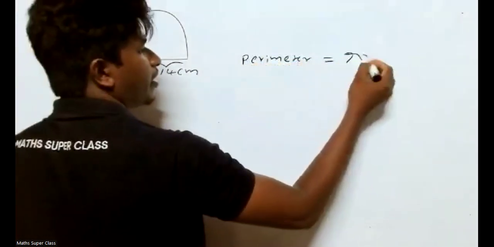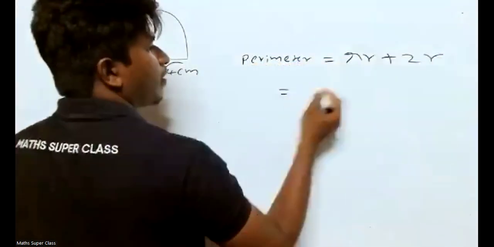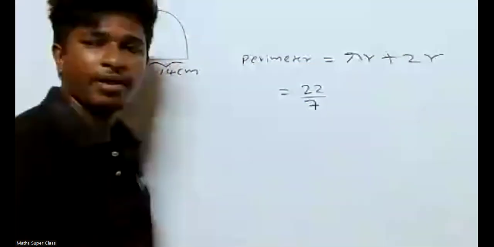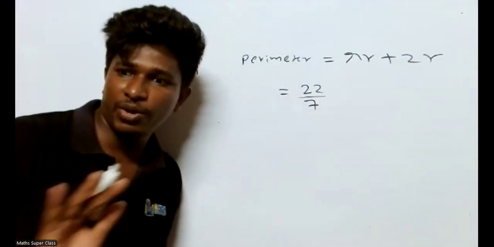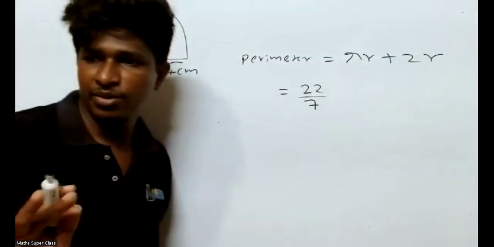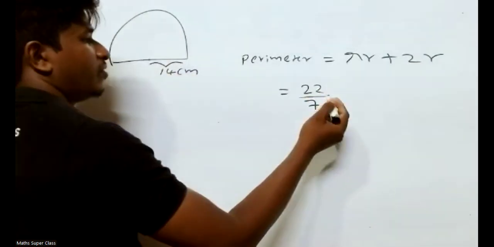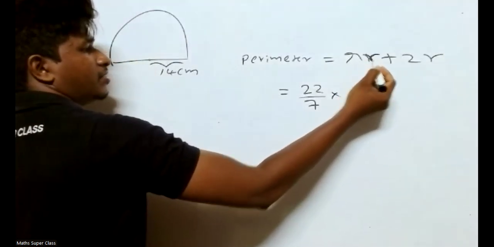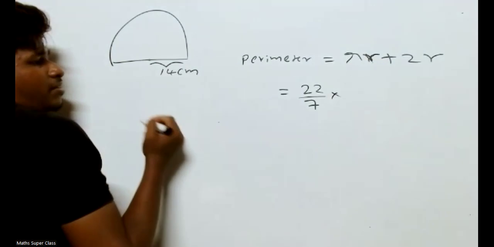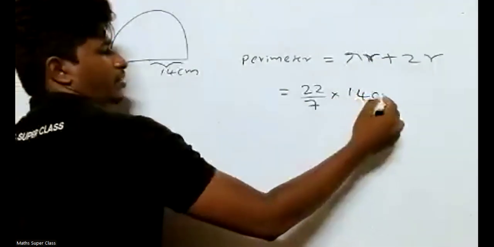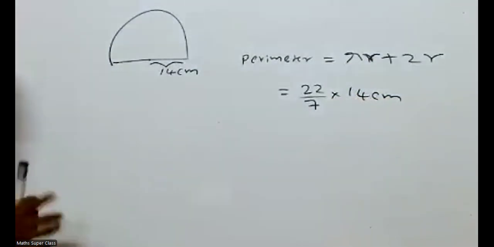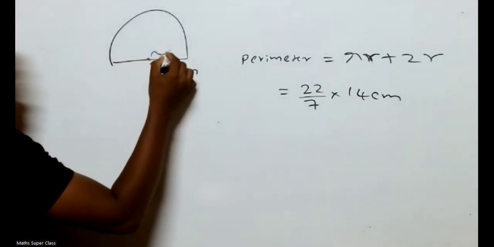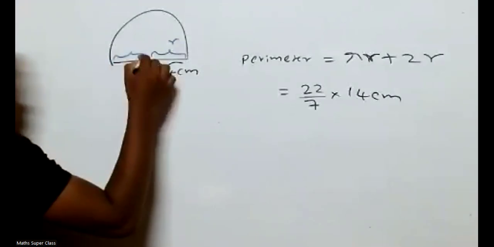Pi r plus 2r. Pi means 22 over 7, always. Then 22 over 7 into r, the radius, 14 centimeters. This is the center now. This is r, and also this is r.